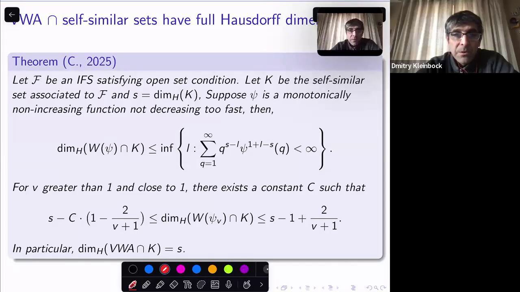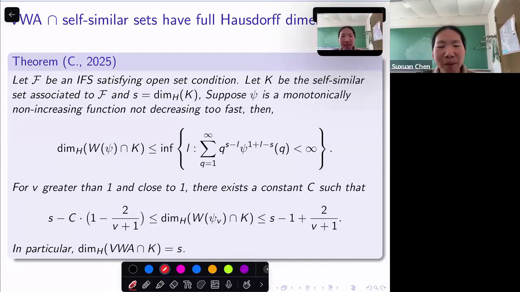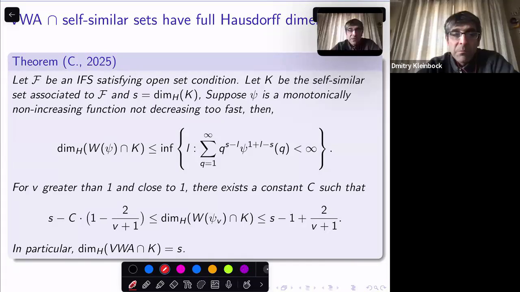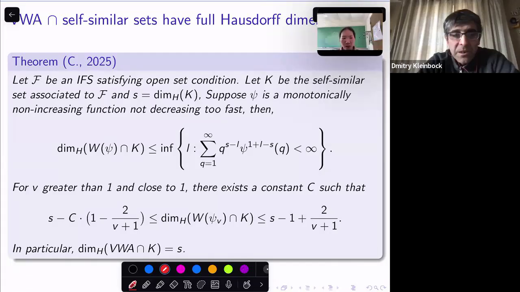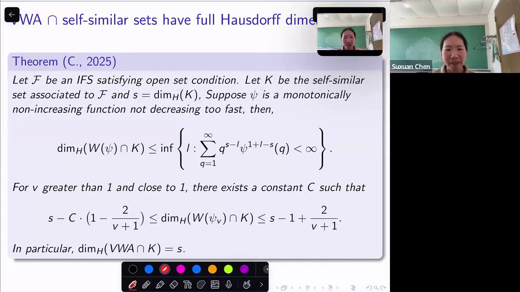Okay, so according to Asama's comment in chat, the rate should depend on K also. This seems reasonable. Maybe you have some kind of very thin compact set, very thin fractal. Anyway, it was just a question. Thanks, Asama. Yeah, thank you for helping me answer the question.